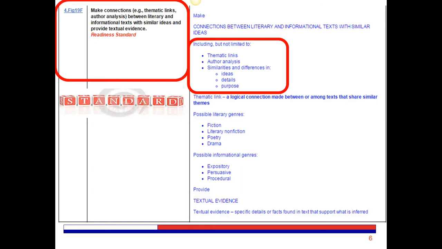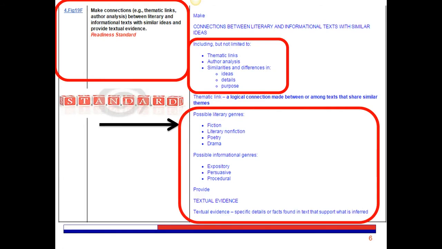This standard requires students to analyze both texts, to go back into the text to find the text evidence to support their response. Please note the possible literary and informational genres for Figure 19F.